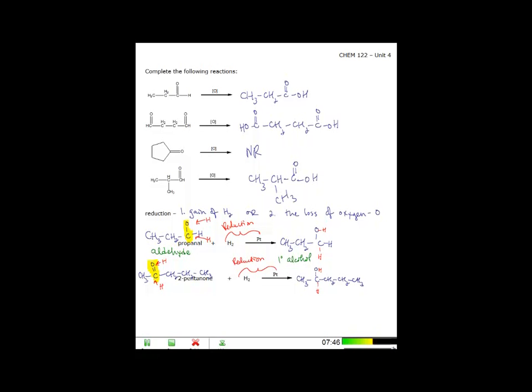So you've taken a ketone and converted it to a secondary alcohol. And that's reduction.